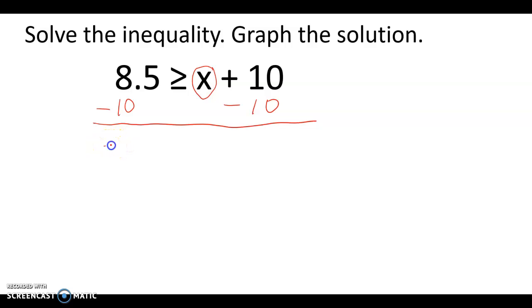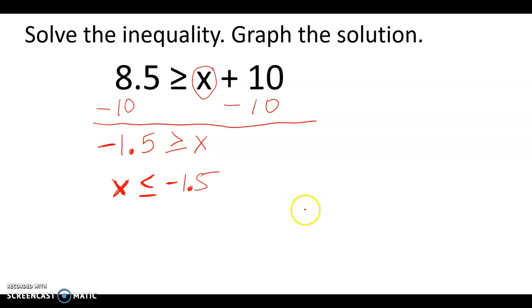You get negative 1.5. Bring down your inequality symbol and your variable. Again, I like to write it with the x first. So I would put my variable term first, flip my inequality. So instead of greater than or equal to, it's less than or equal to, and then my negative 1.5.